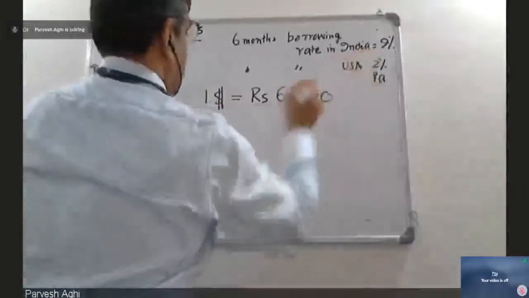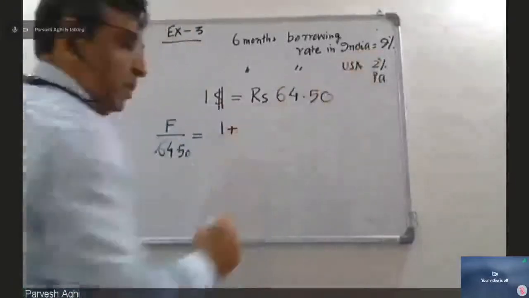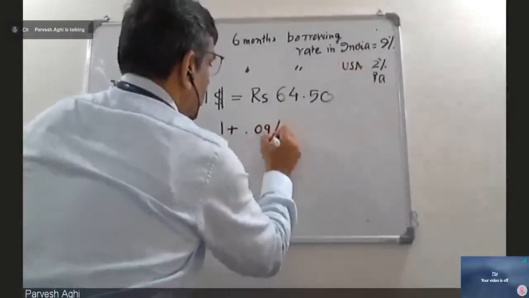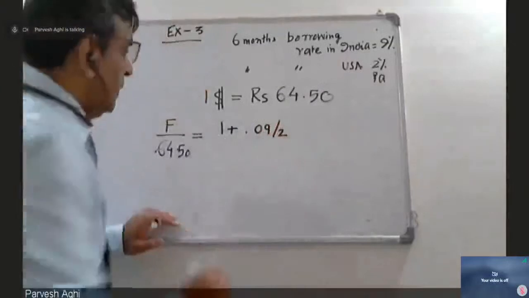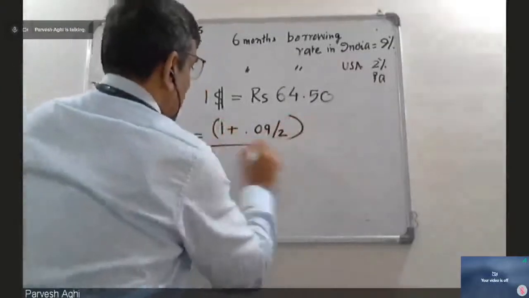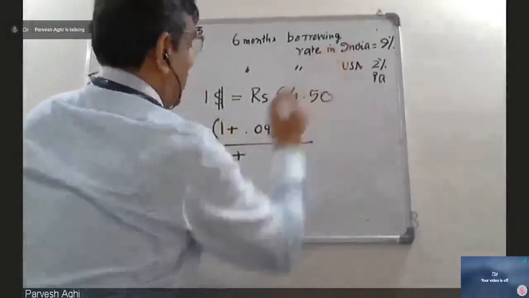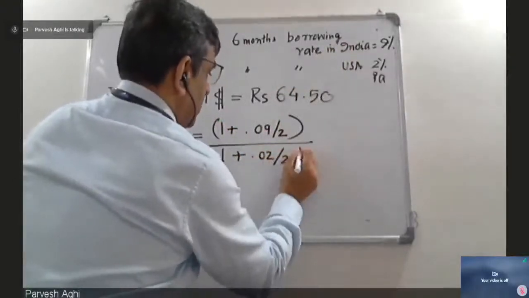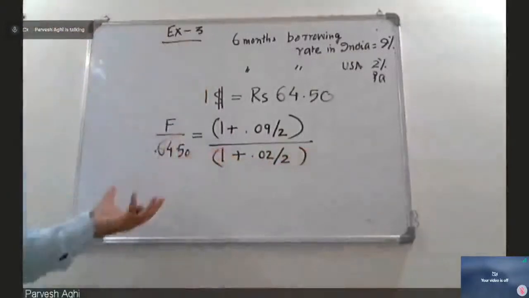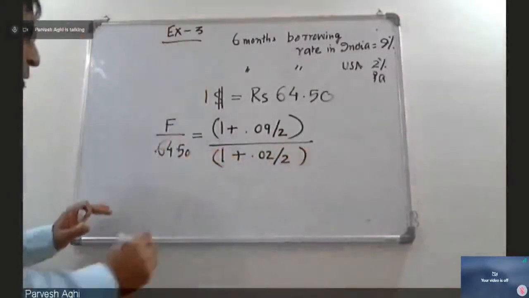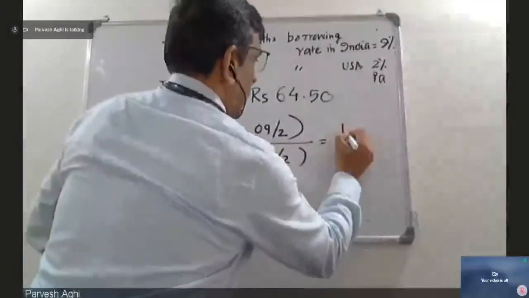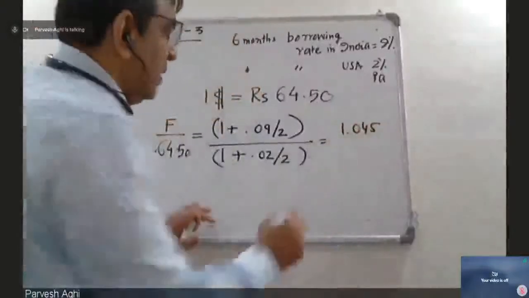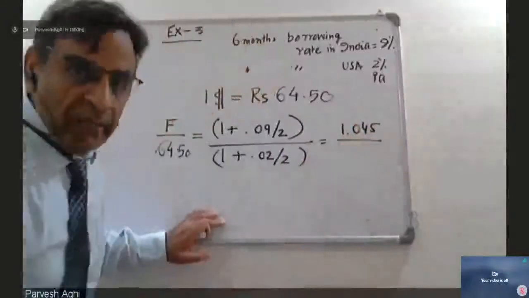In India it is 9%, so it will be 0.09 divided by 2, upon 1 plus the rate of interest, which in America is 2%. So when I solve all this, I can write it as 1.045 divided by 1.01.